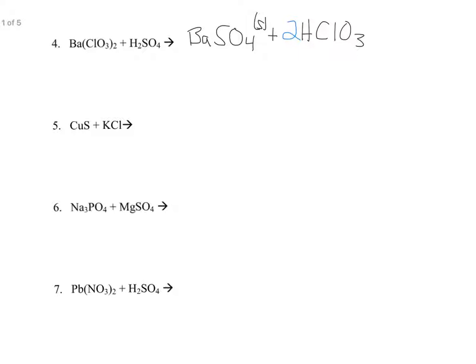Next problem is the copper 2 sulfide. Swing our partners do-si-do, CuCl2 and potassium sulfide. But if we pay attention to our rules of solubility, we'll see that this reaction does not happen, because copper 2 chloride is soluble and because of group 1.